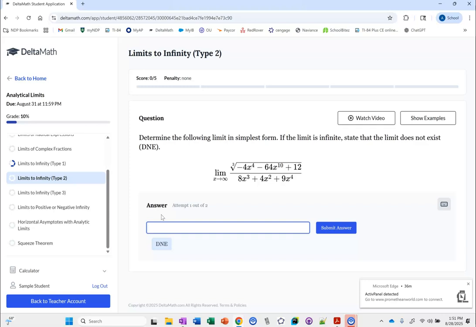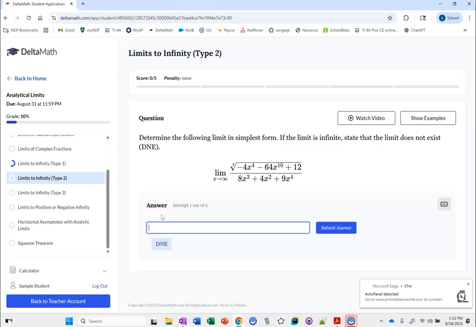In the denominator, the fastest growing term is x to the 4th. So the degree in the denominator, 4, is bigger than the degree of the numerator, 3 1/3. So what does this go to? Bigger on the bottom goes to 0.